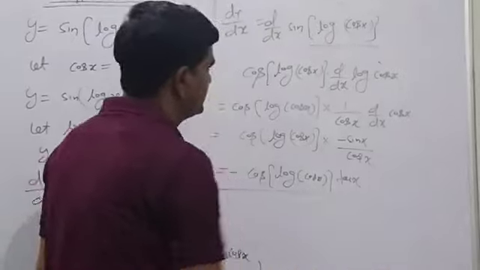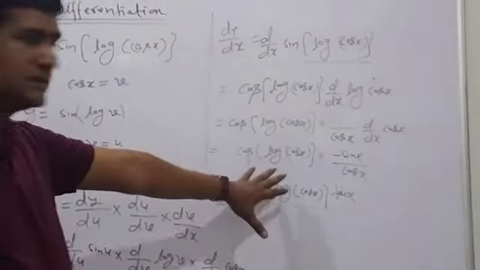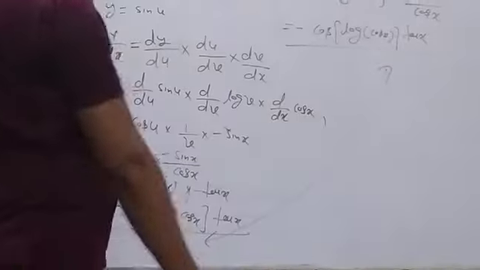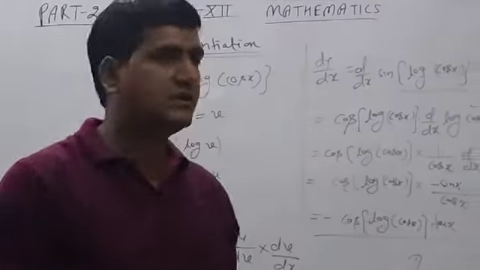Now this is the answer. This answer is with the help of outer and inner function, and the other with the help of the chain rule. Both are the same answer. You can see here, both are the same. It depends on you. Whatever formula or rule is simple for you, you can apply.